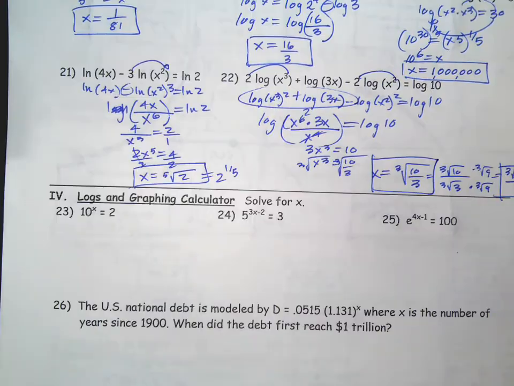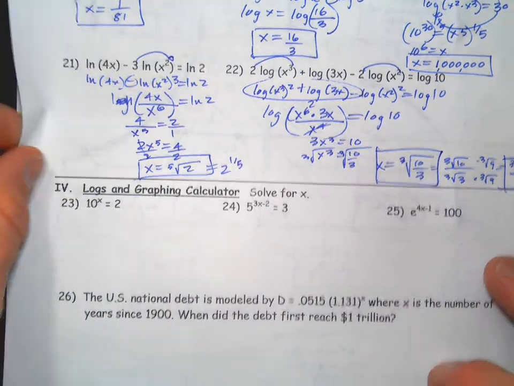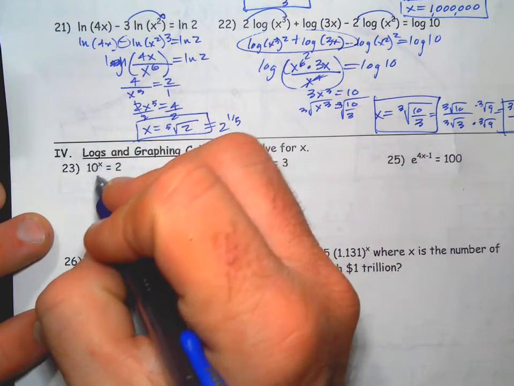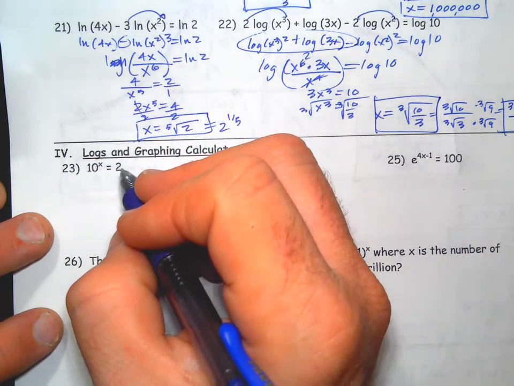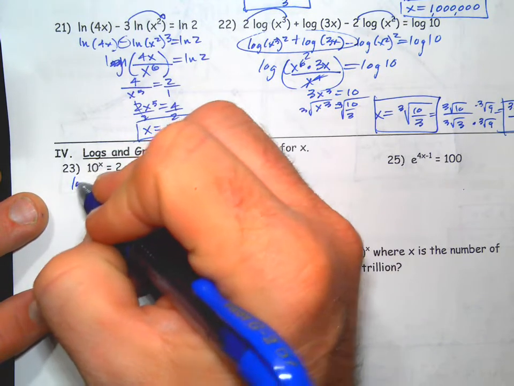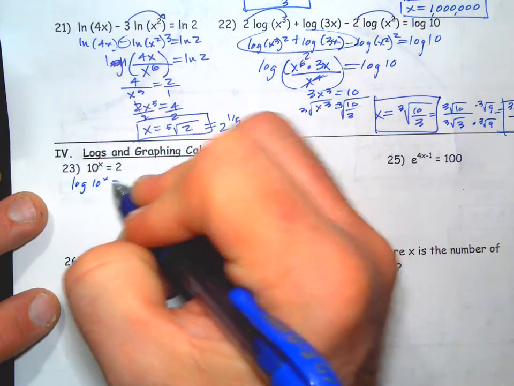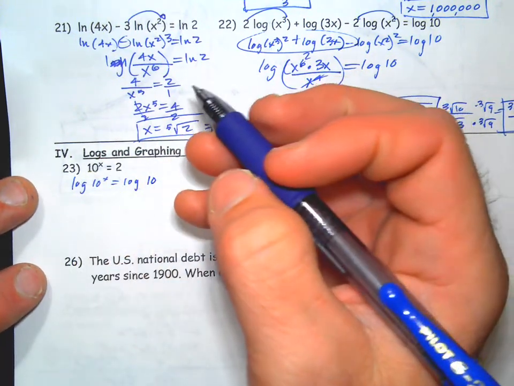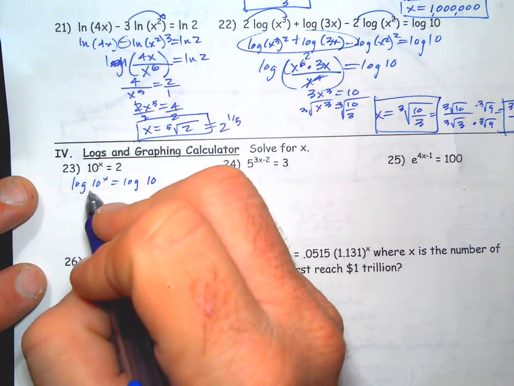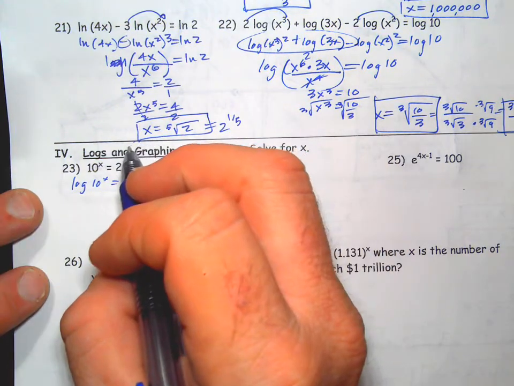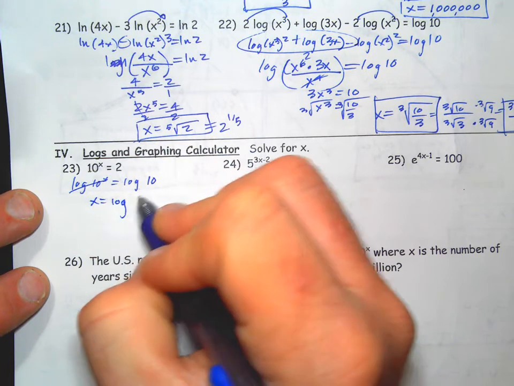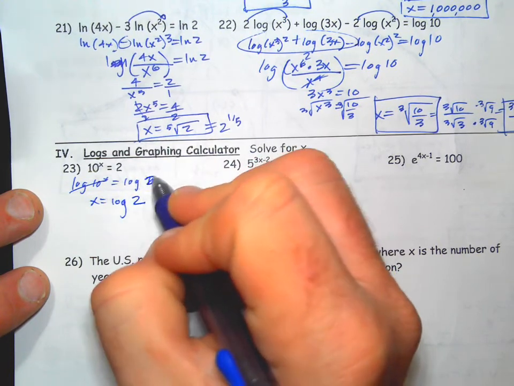All right. And got a couple problems. Use your graphing calculator on. So we can't make these bases the same. So we take the log of both sides. Now, log base 10, the common log works really nice because we can probably do this without a calculator, get at least an answer. This cancels and we get x equals log of 2.